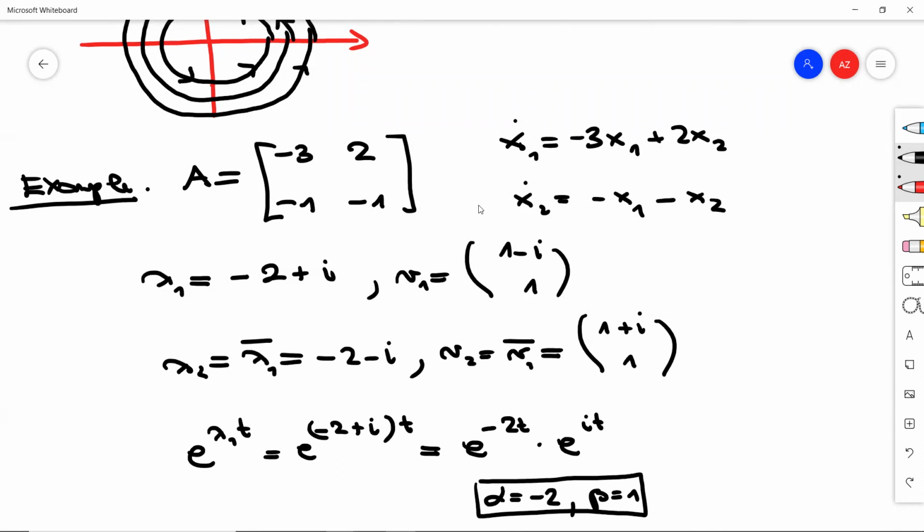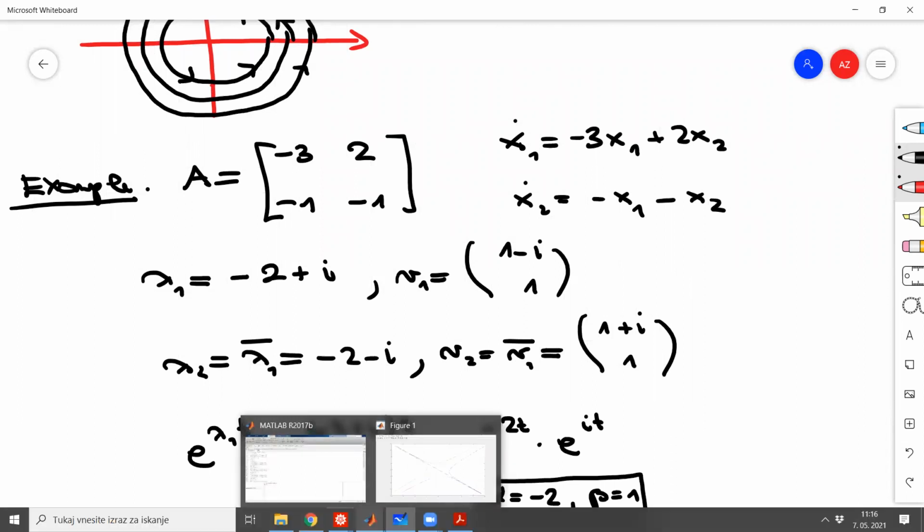So we expect the spiral behavior, and we'll go from infinity into the origin. Okay, and let's do a simulation in MATLAB.